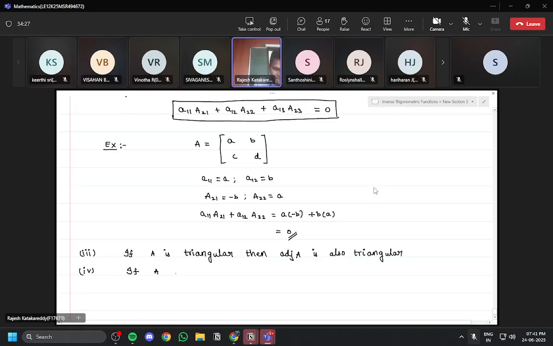If A is a diagonal matrix, an adjoint of A is also diagonal.